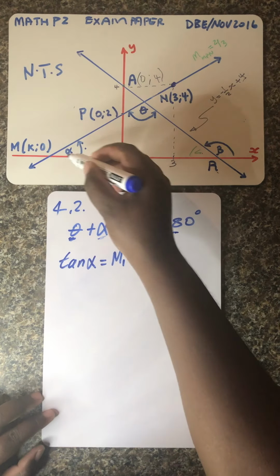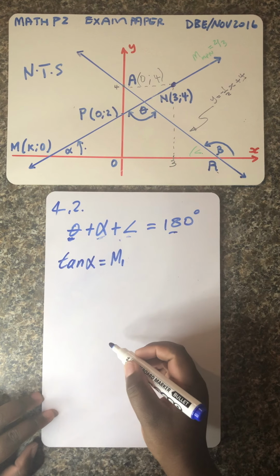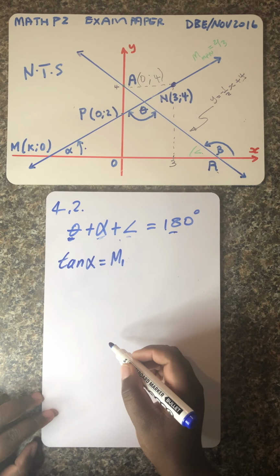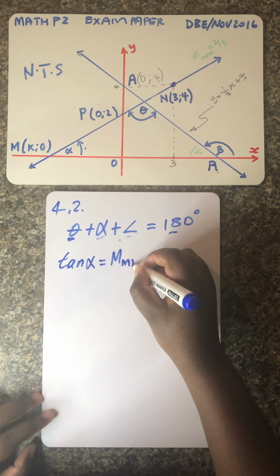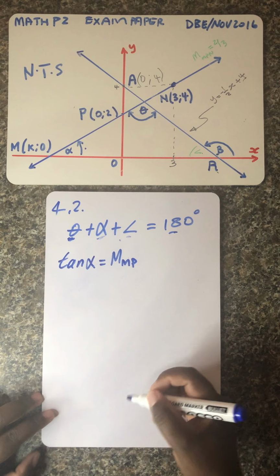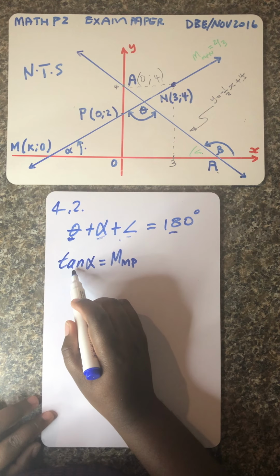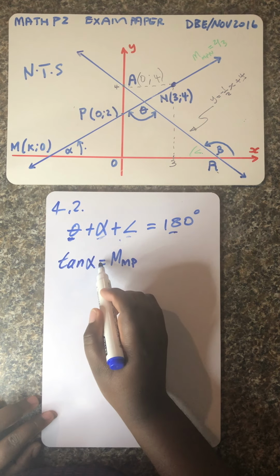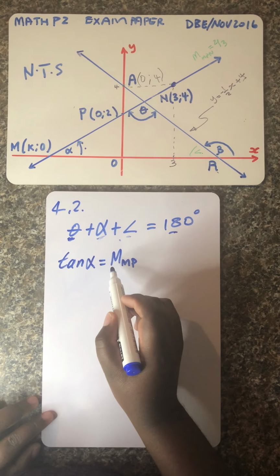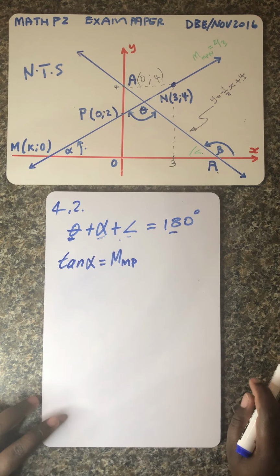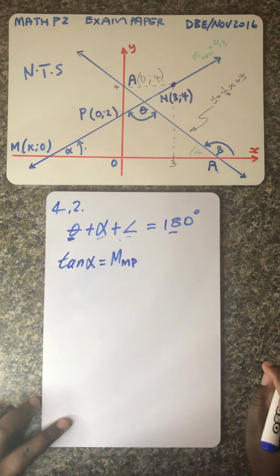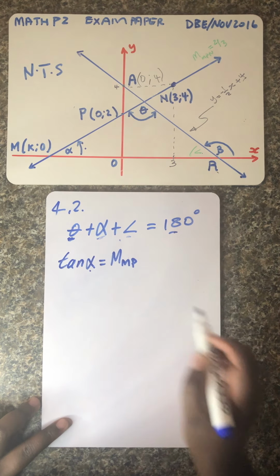And again, even if you say MN. Okay, so for our calculations, let's just refer to that line as MP. So the tan of the angle, which is that angle, is equal to the gradient of that line. So we make use of this formula to calculate that angle.